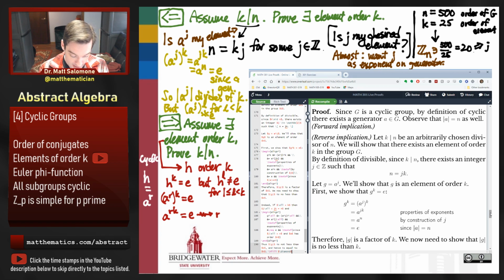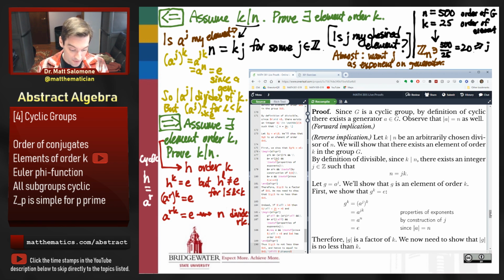Therefore, let me say it this way, the order of a must divide rk. But the order of a, because a is a generator for my cyclic group, is the same as the order of my group. Right? n must divide rk.